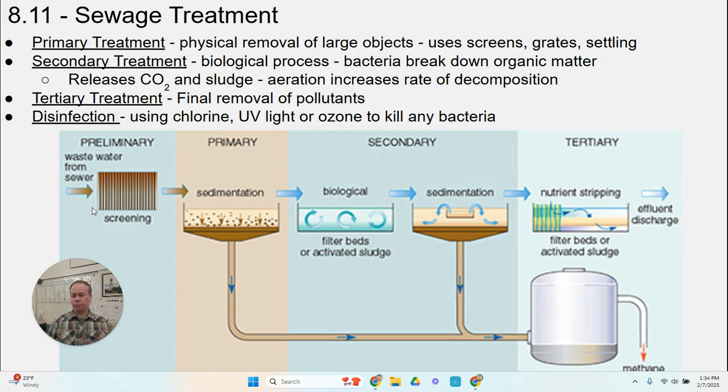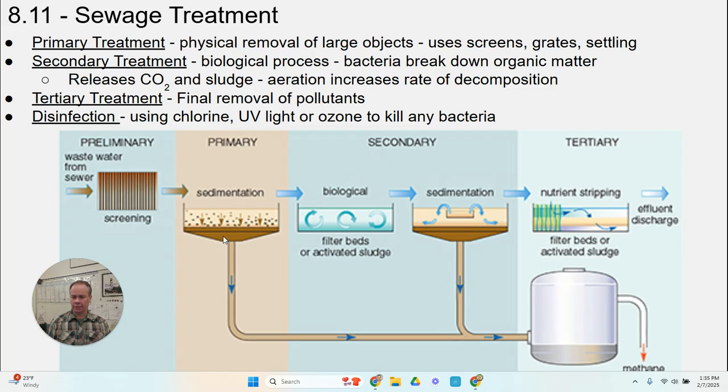Then it moves into a primary settling tank. The water sits in this tank, and the suspended solid material that's still present in the water, that didn't get filtered out by these screens, settles out as it goes into the sedimentation chamber.